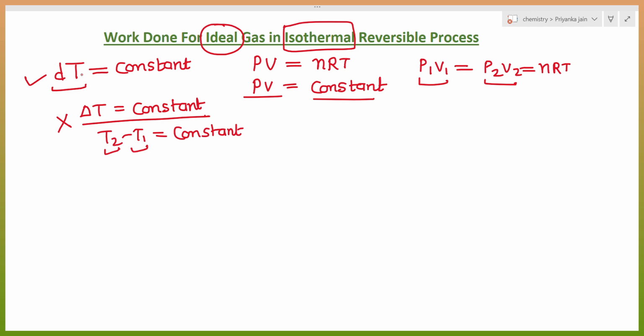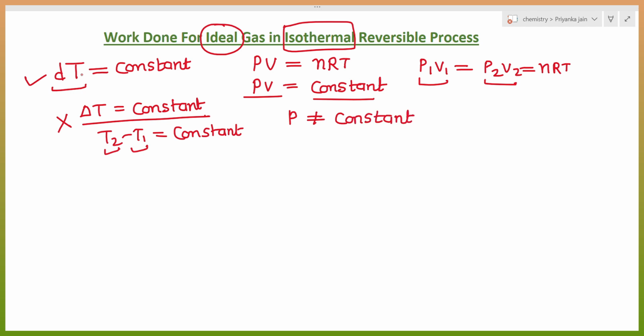Now see here, when the process is isothermal, PV is constant. So dT is constant, but P is not constant. This thing you should remember, as I have told you earlier.